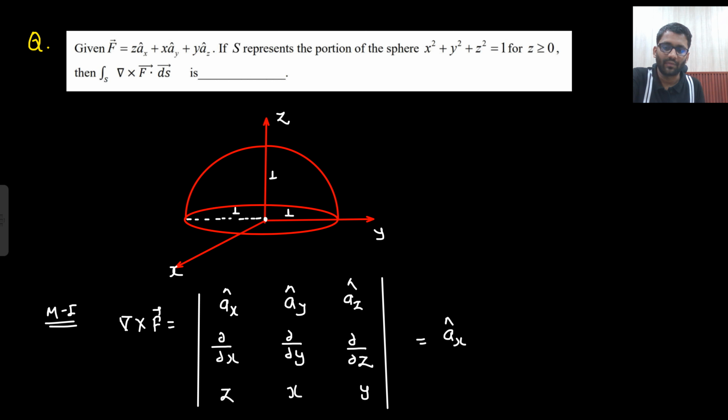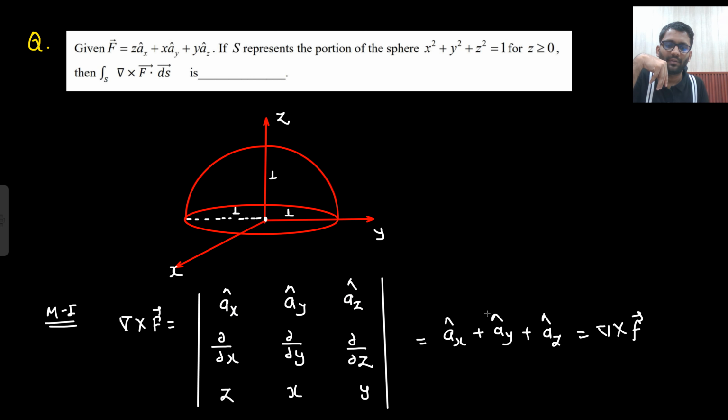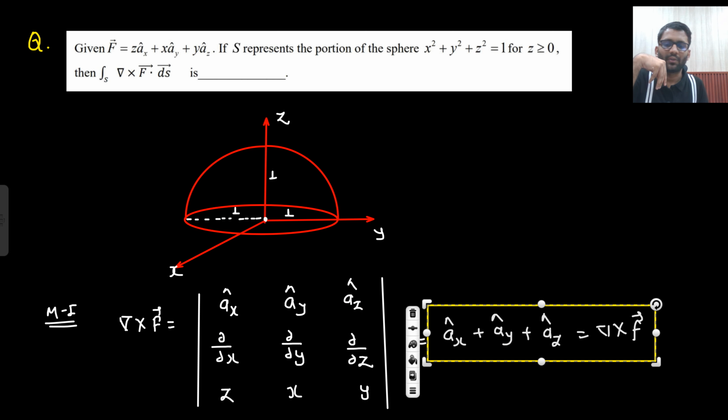For Ay cap 1 plus Ay cap plus Az, then this will be 1, this will be 0 plus Az cap. So this is what you are getting as del cross F.